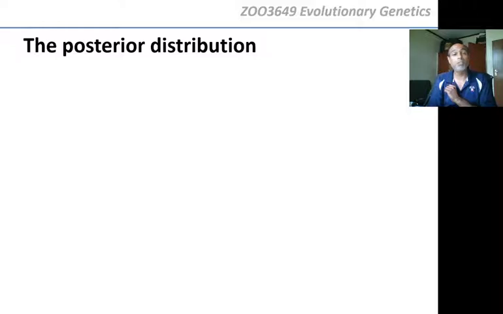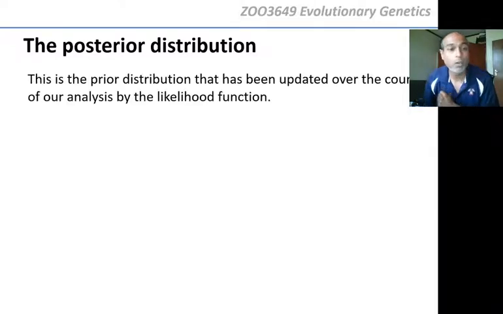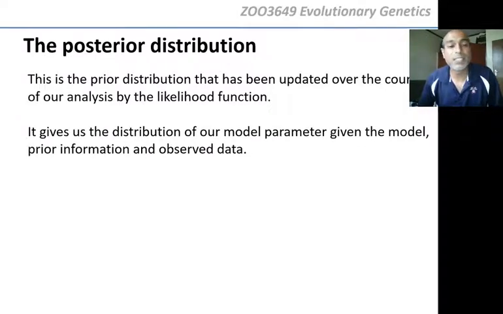And the posterior distribution tells you the likelihood function given the prior. Okay? So this is the prior distribution that has been updated over the course of the analysis by the likelihood function.